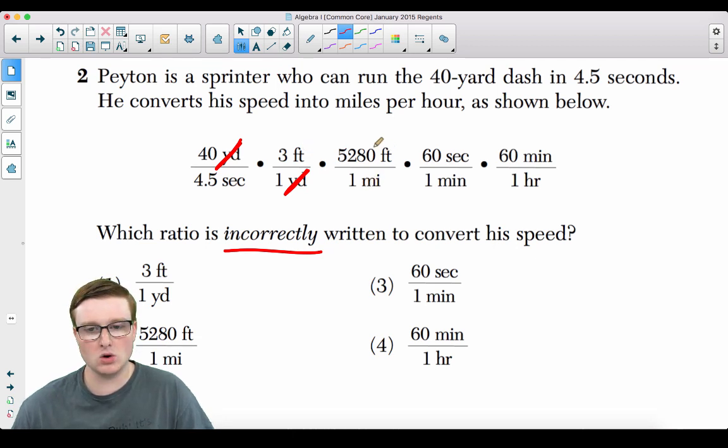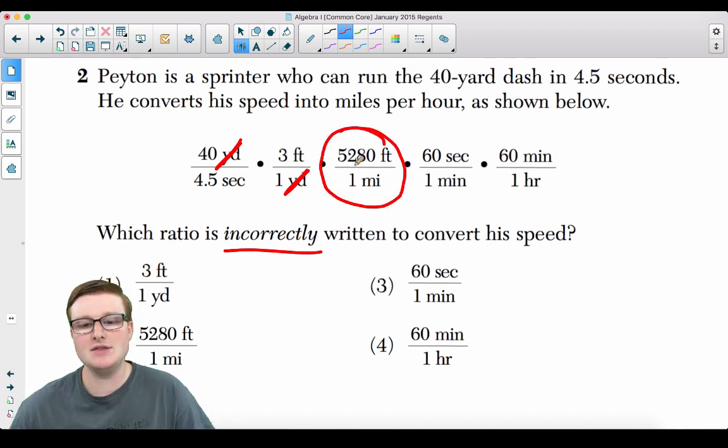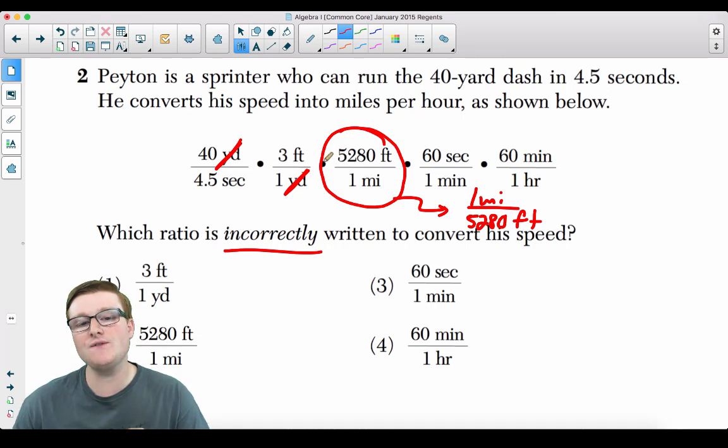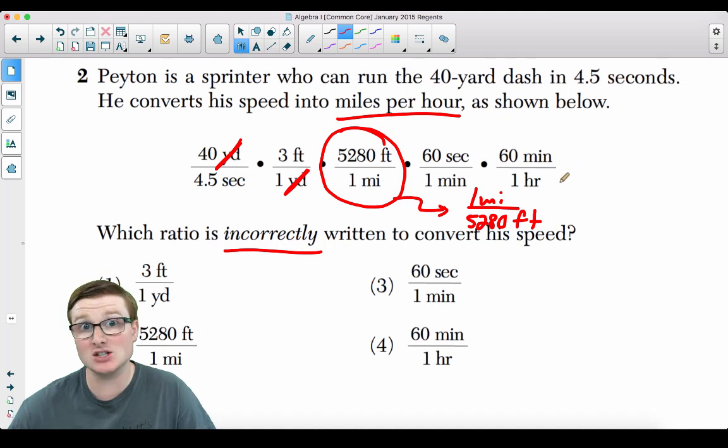Well, that can't work. Actually, he made a mistake right here, because this is supposed to be 1 mile over 5,280 feet. He's trying to cancel out those feet units to convert to miles because he wants it in miles per hour. He doesn't want it in feet. If he keeps feet up here, then feet will be in the answer, which he doesn't want.